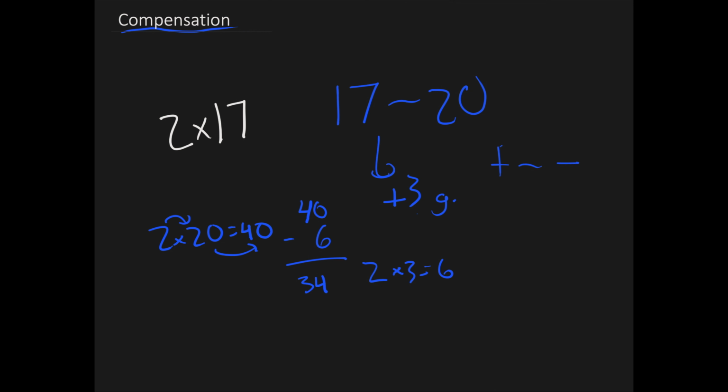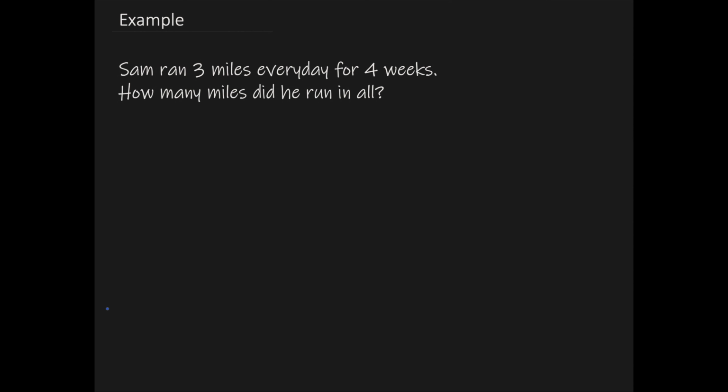Now let's do an example. Sam ran 3 miles every day for 4 weeks. How many miles did he run in all? Let's figure that out. He ran 3 miles, so that's important. Let's write that down, 3 miles every day for 4 weeks.